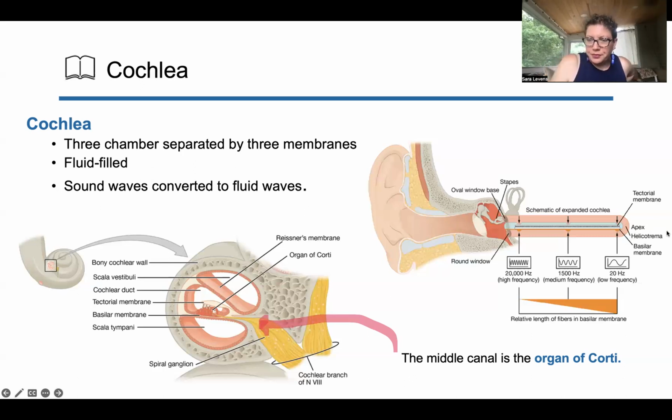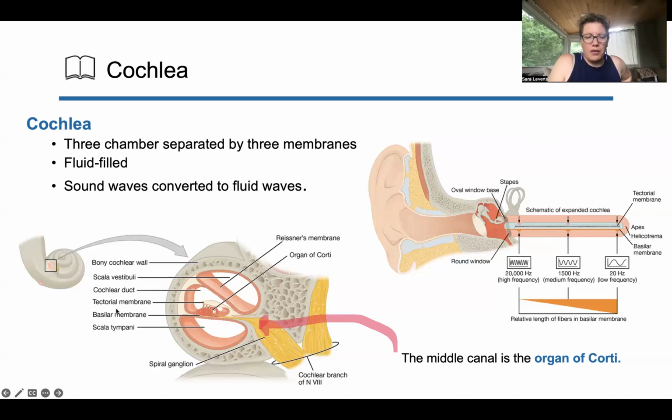If you look closely, this is basically the tectorial membrane right here, which you can kind of see in some of these spaces. And then there's the basilar membrane. You can see all the pieces on here, it's just harder to see the layers because they're quite small.